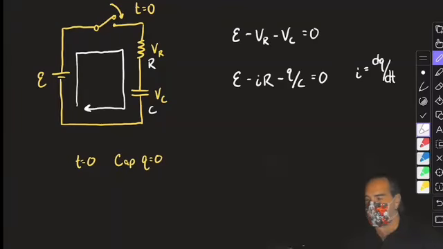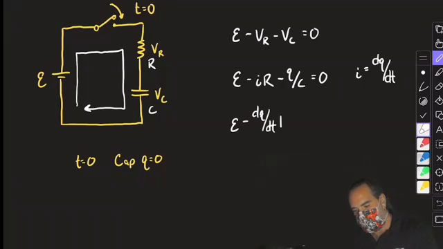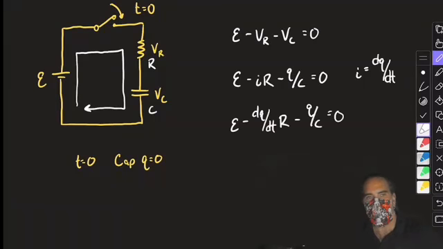So wherever I see i, I'm going to drop in dq dt. Now we have created a differential equation that could be used to solve for q as a function of t, which is what I'd really like to do next.